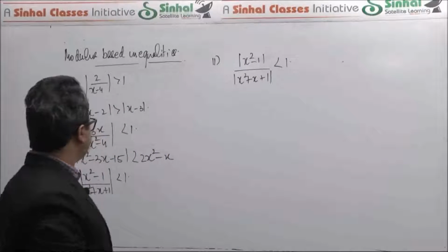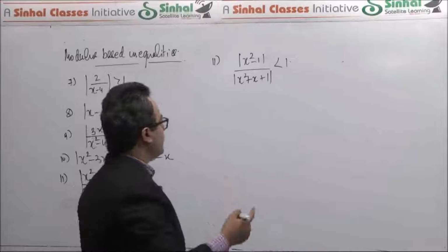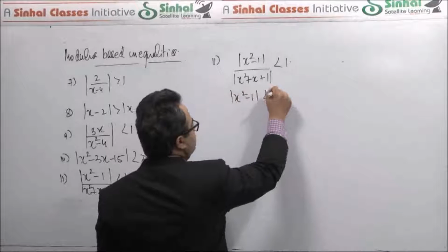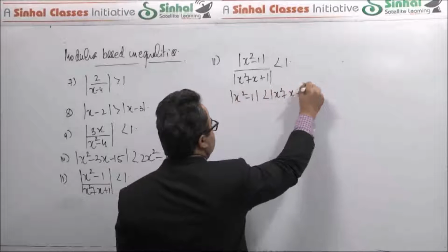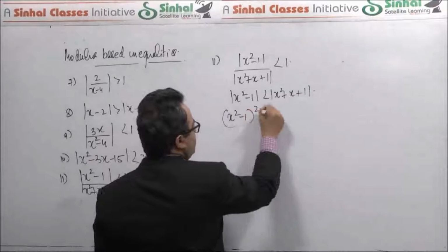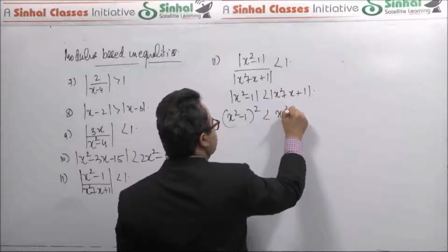The 11th question is kind of similar. Just distribute the modulus. Square, since anyway both sides are positive.